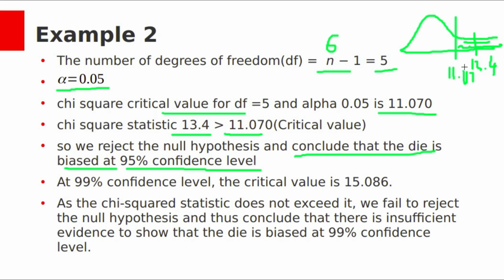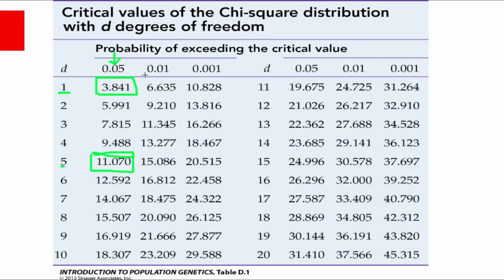If we change the confidence level from 95 to 99, this critical value will change. If you want to test the hypothesis at 99% confidence level, let's see the critical value. We want 99% confidence level, meaning alpha equal to 0.01. Then our critical value would be 15.086.